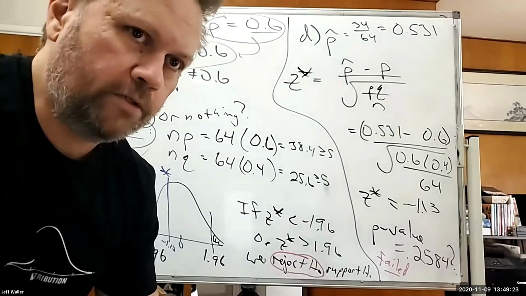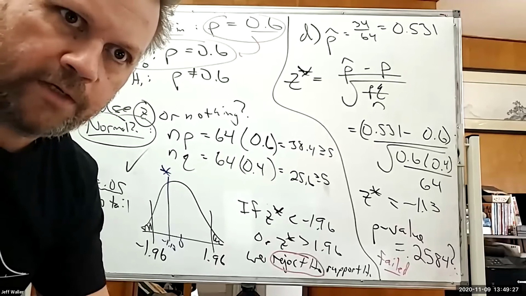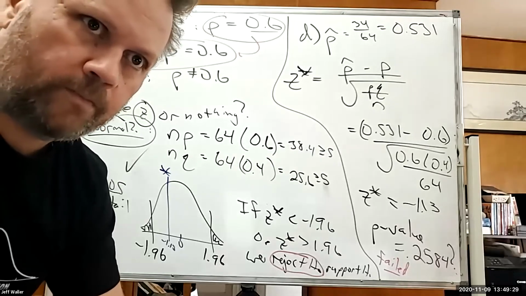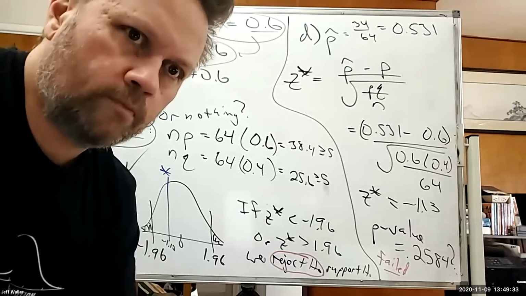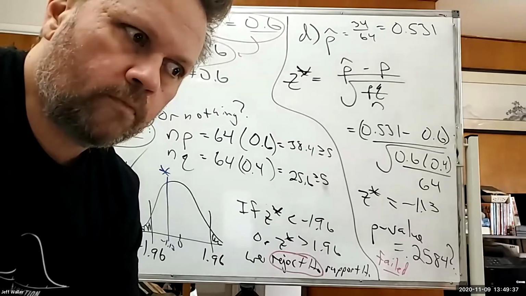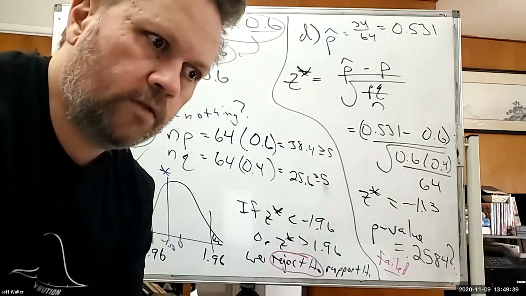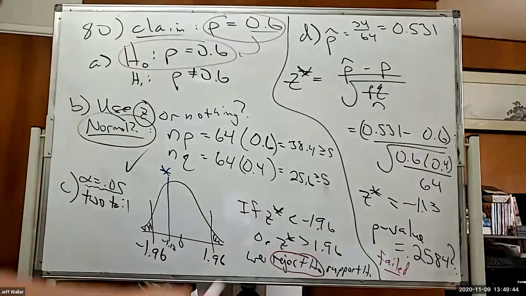I'm going to write the conclusion in a minute, but how's everybody doing with this? Another way to look at that, the book refers to it as if the p-value is less than alpha, then we reject the null. Exactly.